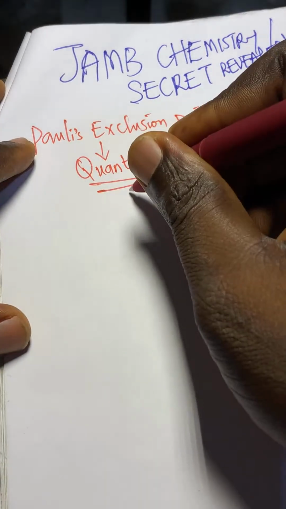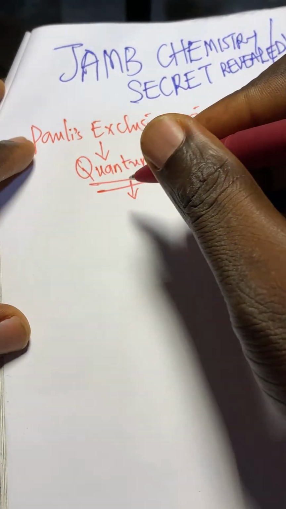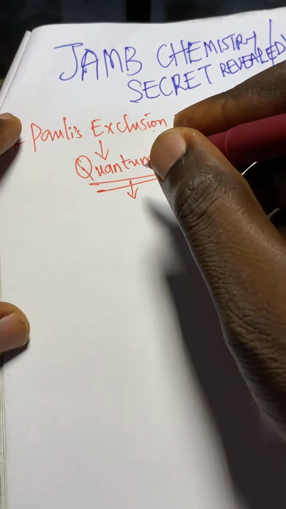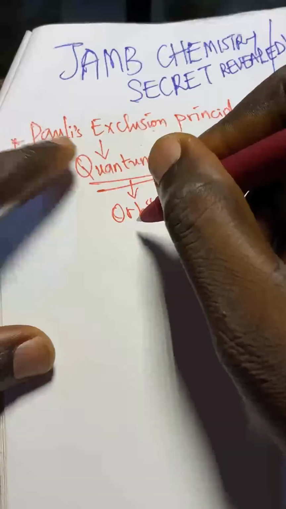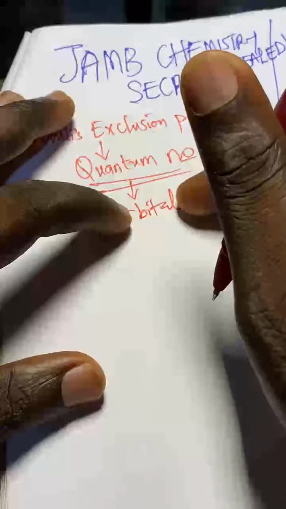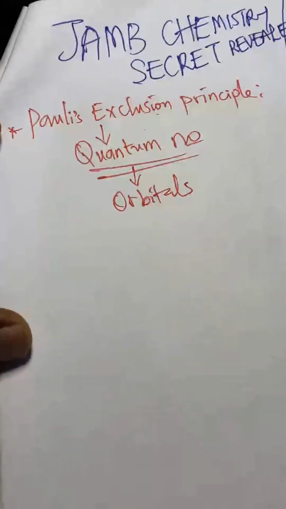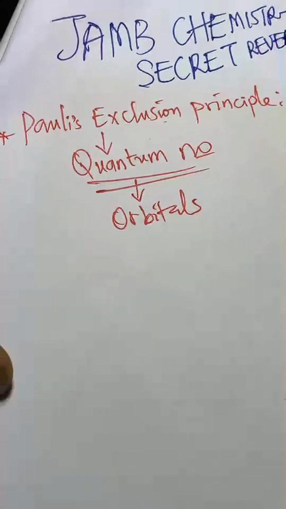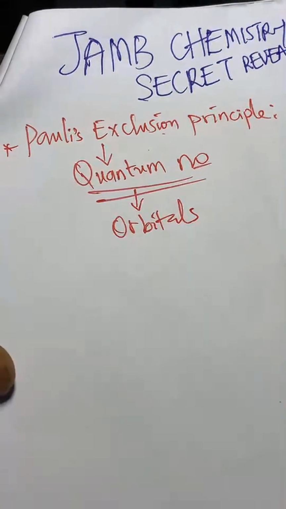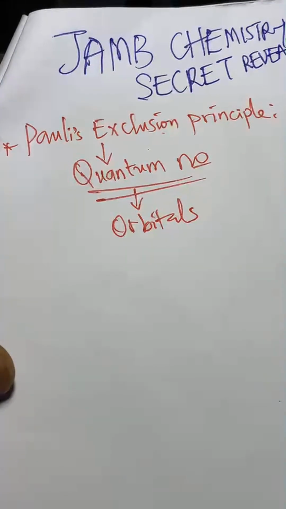Remember, from quantum number, I mentioned another term that you are not fantastically used to: orbitals. For orbitals, I told you some time before now that this is the region in space where there is a high probability of locating an electron. That is what an orbital is.